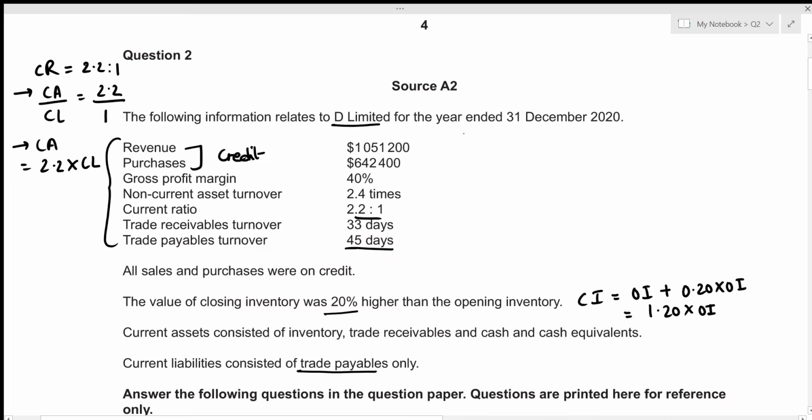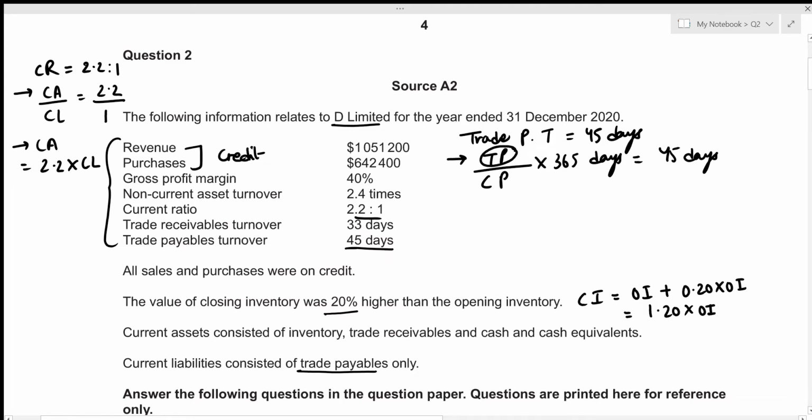Trade payables turnover is 45 days. And we know that the formula for trade payables turnover is the trade payables divided by our credit purchases times 365 days. That will be equal to 45 days. Now we need to figure out our trade payables because the credit purchases are given right here. The purchases are all on credit, so this amounts to 642,400.